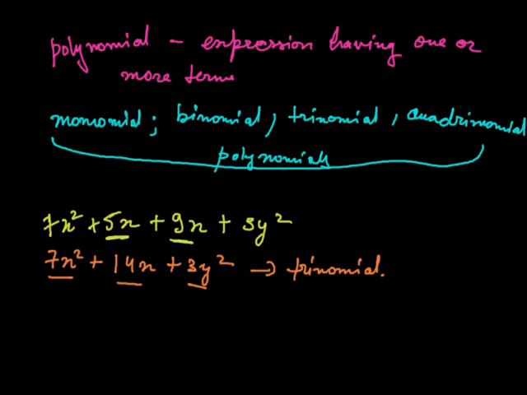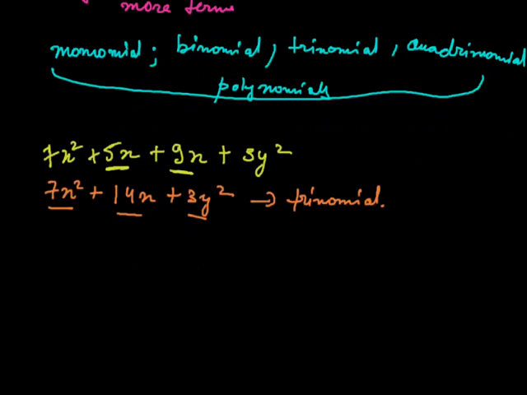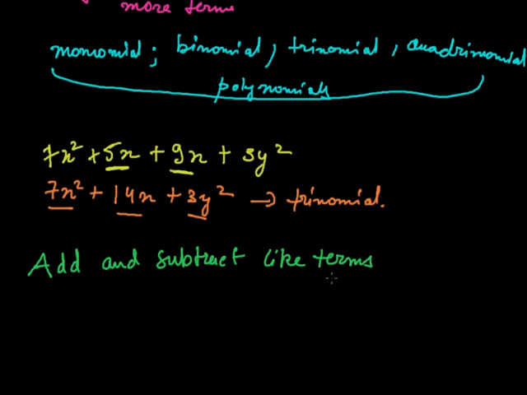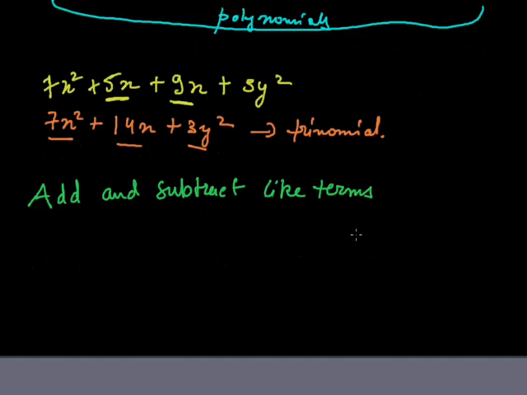Now let us understand how to add and subtract algebraic expressions, that is, how to add and subtract like terms. Only like terms can be simplified and unlike terms cannot be simplified.